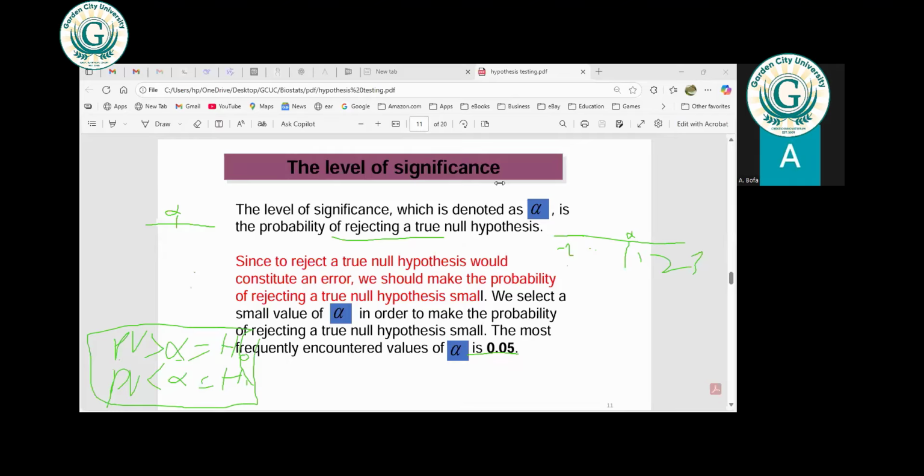And as I said, we are going to use this alpha to either accept or reject, because that is what we are going to compare the probability values with. Based on that, we are going to either accept or reject the null hypothesis.